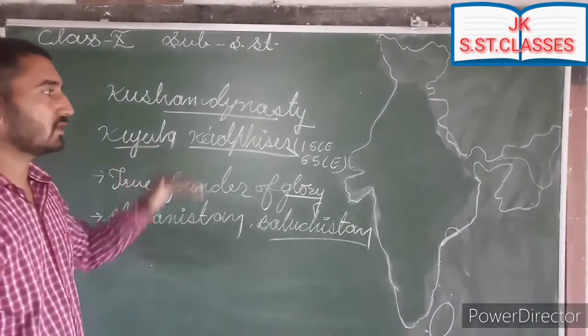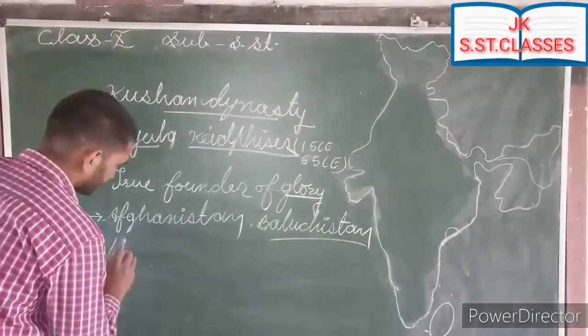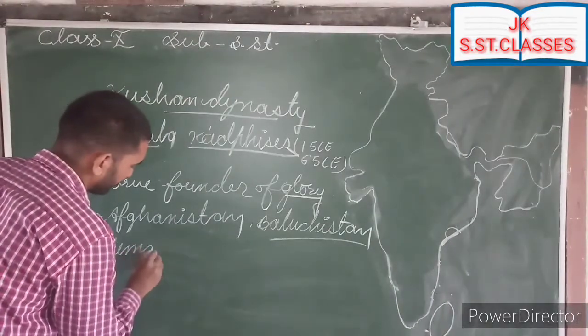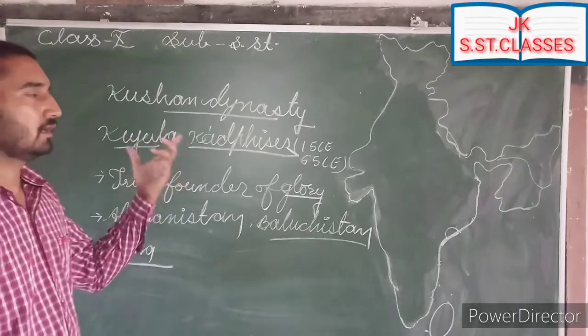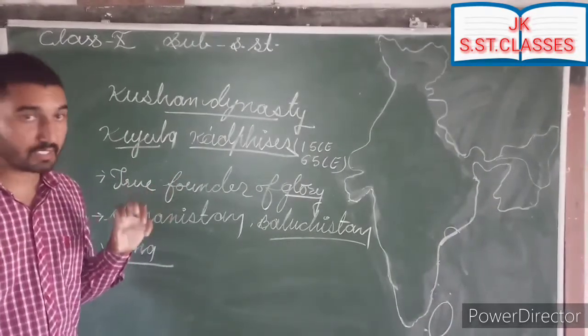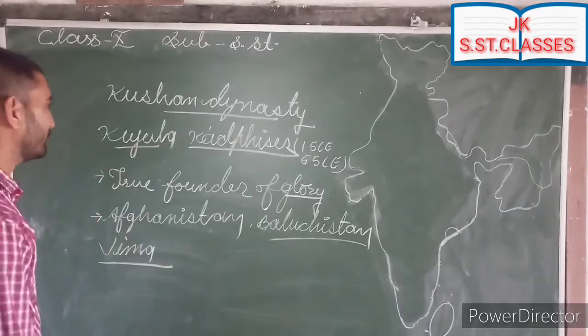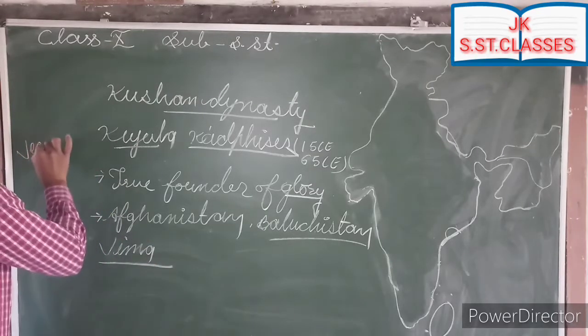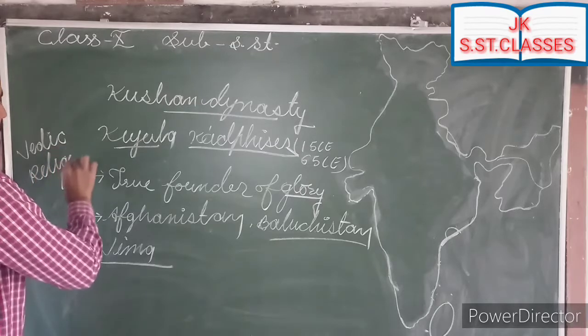After the death of Kujula Kadphises, his successor was Vima Kadphises. Okay, so if we are asked who was the founder of the Kushan dynasty, then your answer will be Kujula Kadphises. And one more thing related with Kujula Kadphises is that he adopted the Vedic religion.